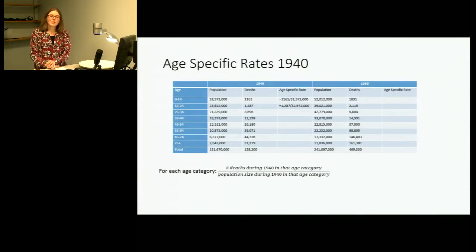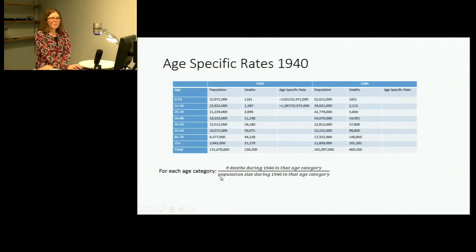Next thing we looked at was the age-specific cancer death rates. For each age category, we calculated the age-specific cancer death rate for, say, the 1940 population by taking the number of deaths during 1940 in that age group. So for the first one, that would be 1,161.